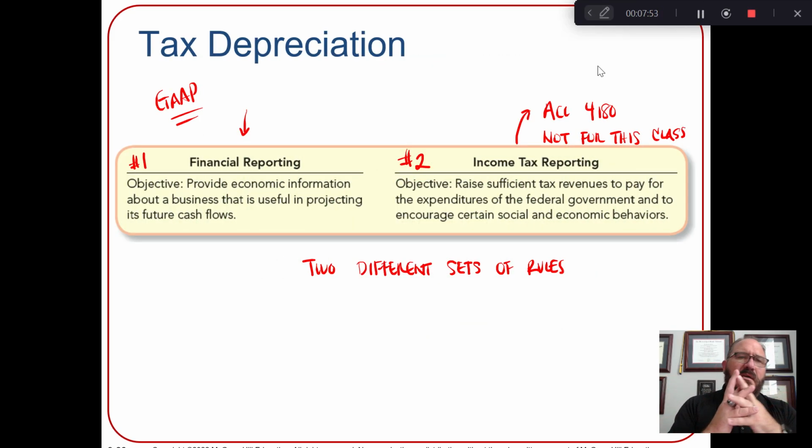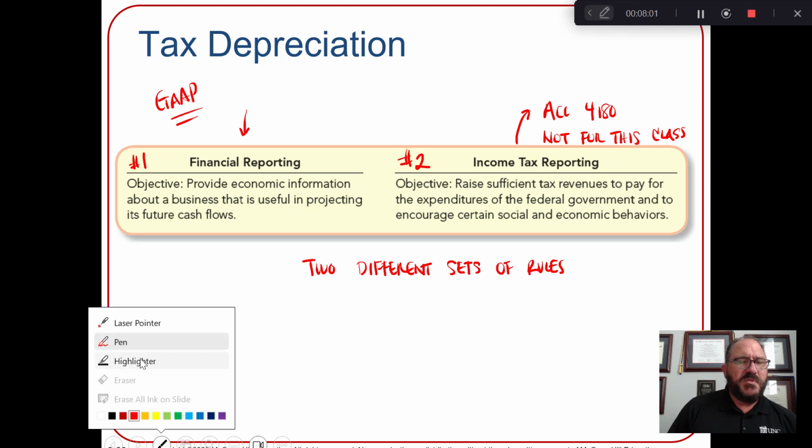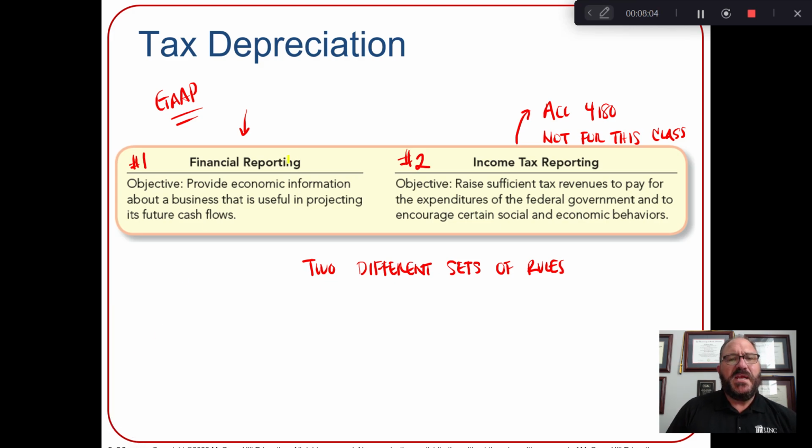All right. Another couple things. Tax depreciation. Something here we're not really going to talk about in here, but just something that you should know is that financial reporting is all about external, providing economic information, right, about future cash flows and stuff. So that's financial reporting.